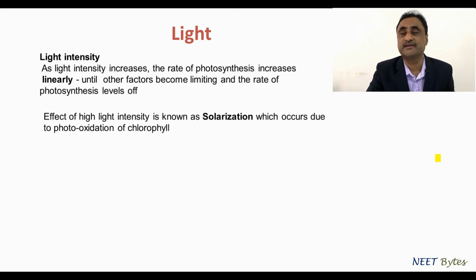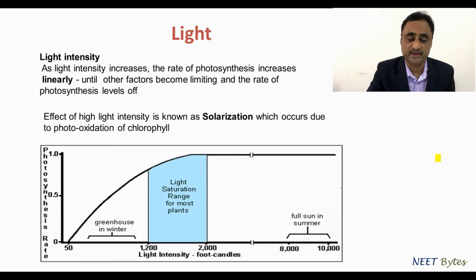The effect of high light intensity is called solarization. This solarization leads to photooxidation, and we have already learned in the chapter on light reaction that this photooxidation of chlorophyll is prevented by the carotenoids. So you can see there.